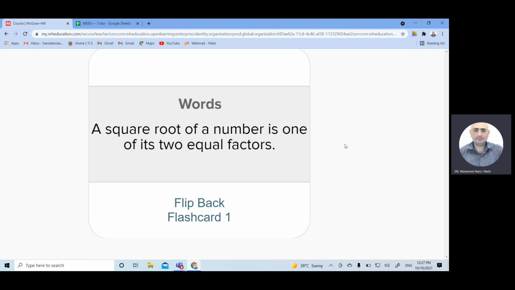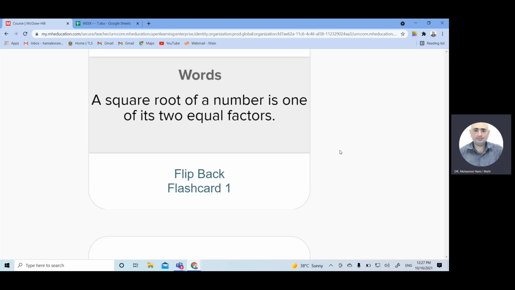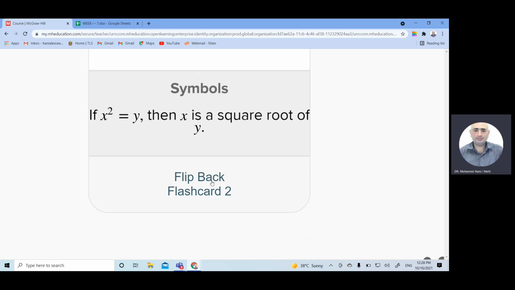Finished? Write please the rule. If we have x squared equals y, then x is a square root of y.